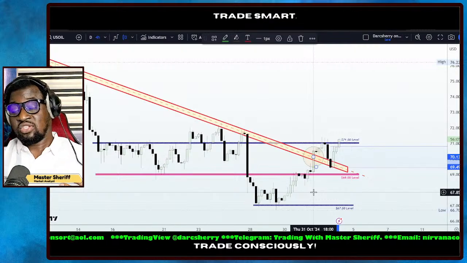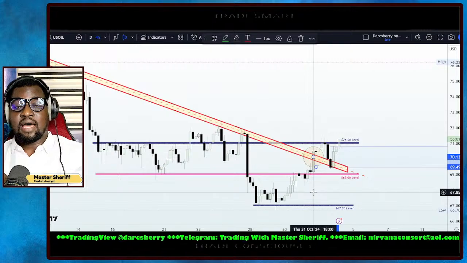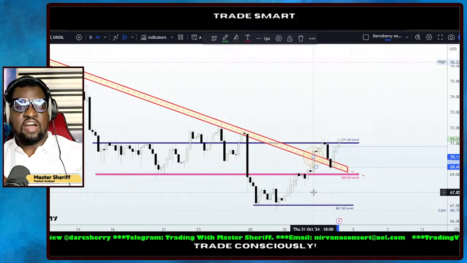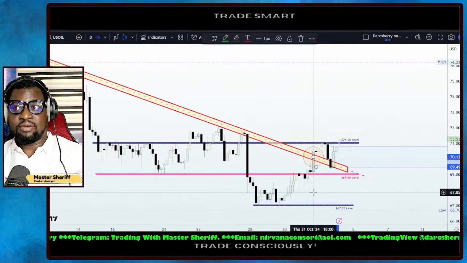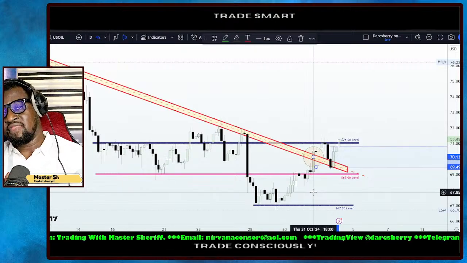Now, in such scenarios where we have a strong bearish momentum, a momentum in a particular direction for about 3, 4, 5 weeks, it is always appropriate and reasonable that we wait for confirmation before jumping into that reversal setup.